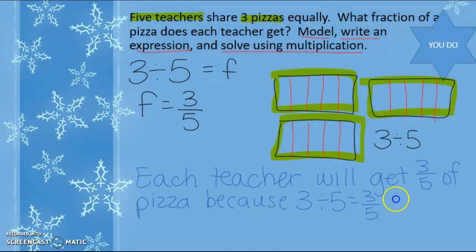You could have also said you will get 3 1/5 size pieces. Why can we say that? Because each one of these pieces is a 5th. Does that make sense? Great.